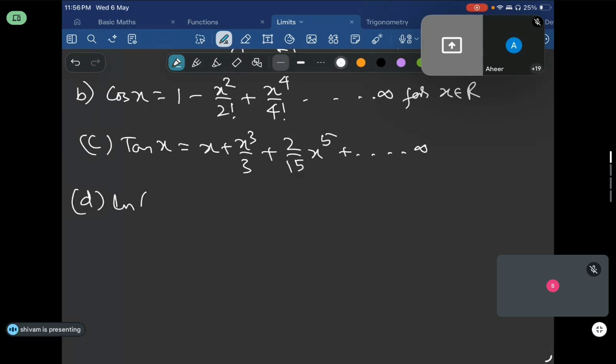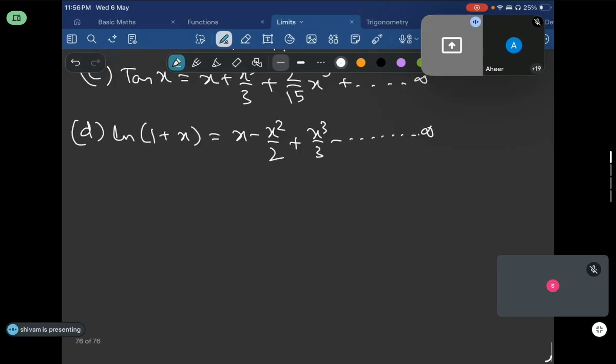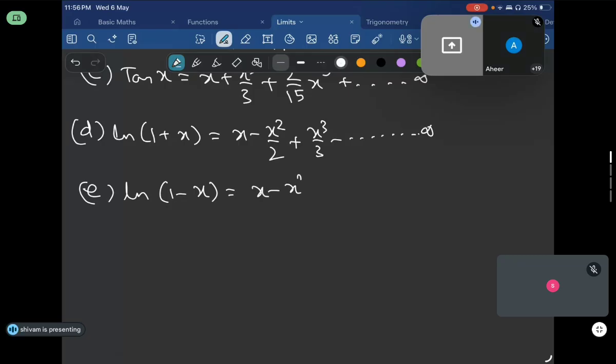Next, ln 1 plus x will be equal to x minus x square by 2 plus x cube by 3 minus, up to infinity. And ln 1 minus x will be equal to minus x minus x square by 2 minus x cube by 3, up to infinity, for mod of x less than 1.